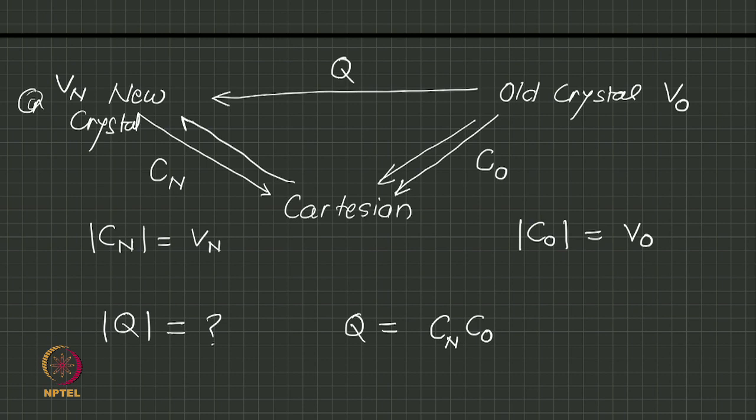Whatever Q is achieving, C new inverse C old will also achieve.